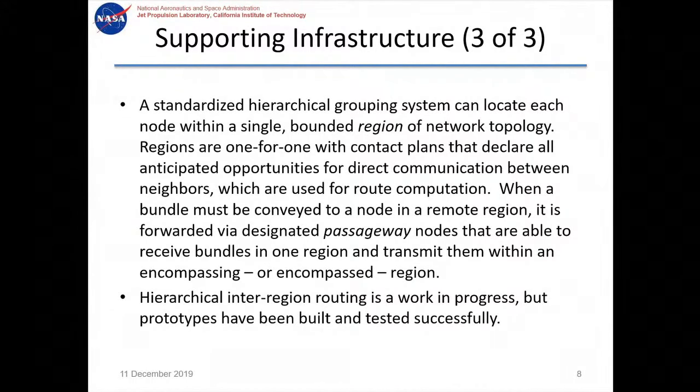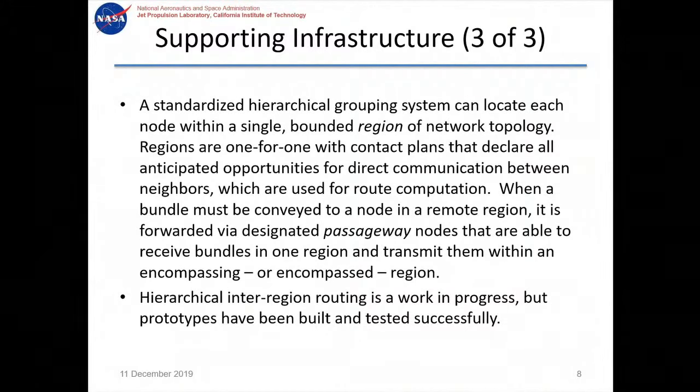The regions are one-for-one with contact plans. That is to say, if a region is a set of nodes, then the contact plan that corresponds to that region is the set of all contacts that are planned between nodes within that region and no others.